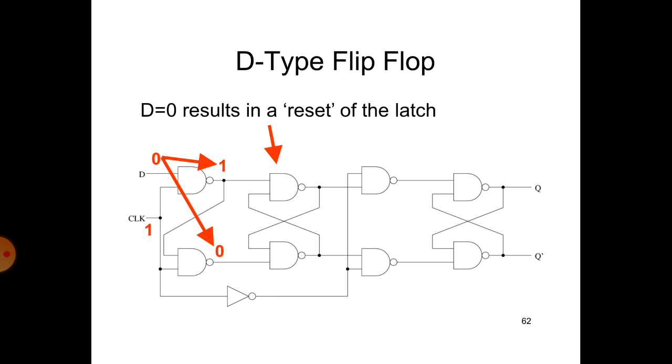So here D equal to 0 results in a reset of the latch. So this latch shows D equal to 0. D equal to 0, clock will be 1, means output will be 1. Again D will be 0, means the second output will be 0. So Q and Q bar will be interchanged. The output will be interchanged respectively.